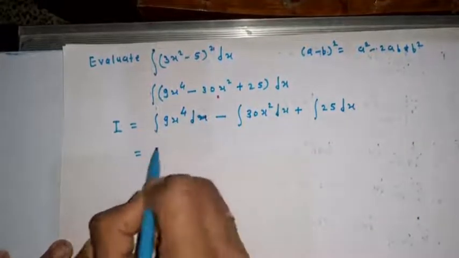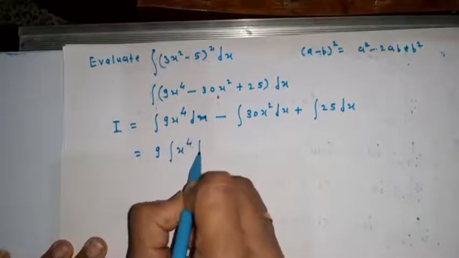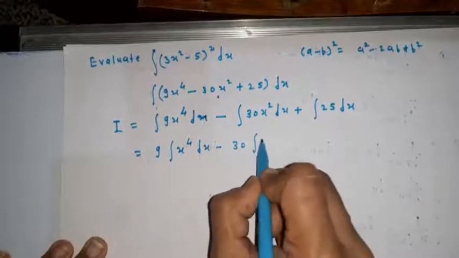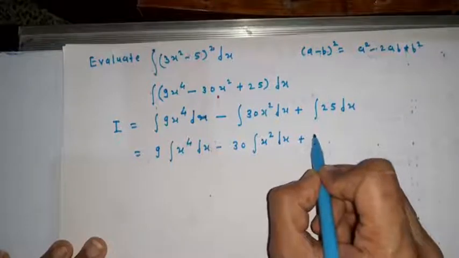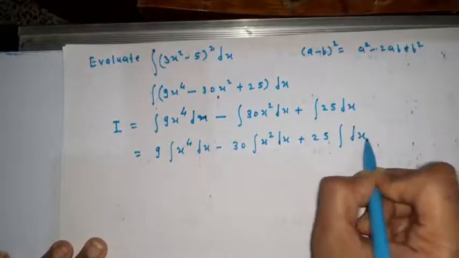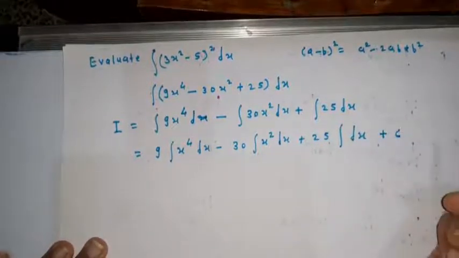Okay students, so here 9 is a constant, integration of x raised to 4 with respect to x, minus 30 as a constant, integration of x square with respect to x, plus 25 as a constant and integration of the constant with respect to x, plus constant of integration c.